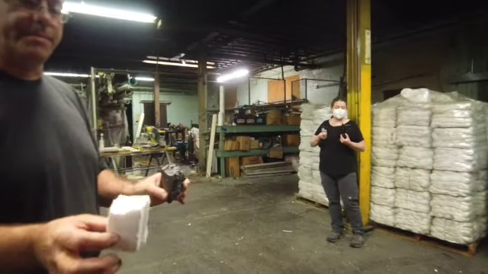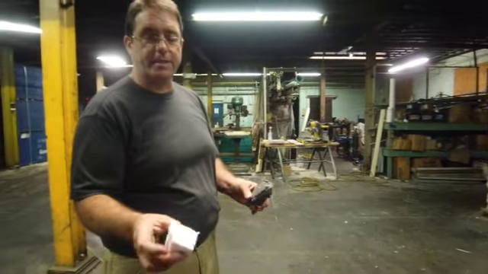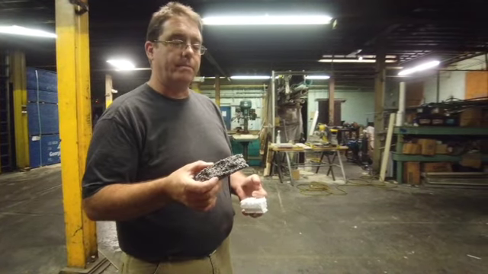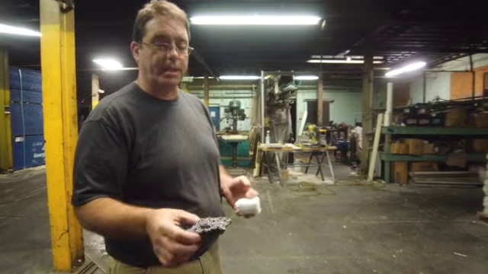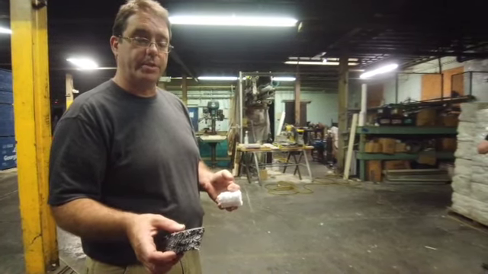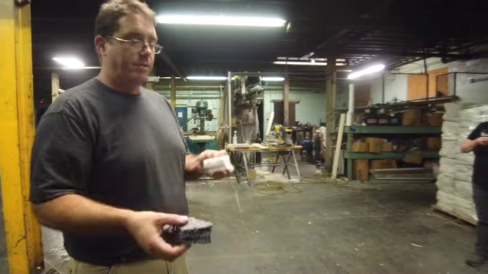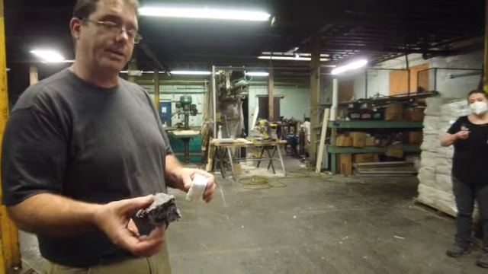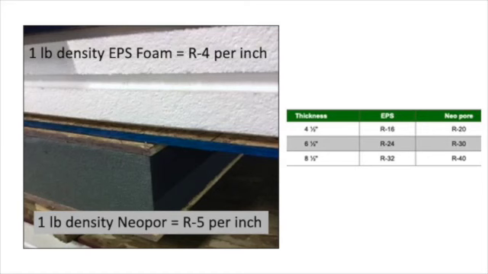So this is the typical 1 pound density EPS foam, just white beads, and this is the 1 pound density neopore foam. Inch per inch, this is an R4 per inch, this is about an R5 per inch. So in the end, you're gaining a little bit as far as R value is concerned.